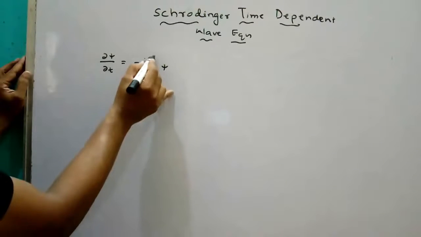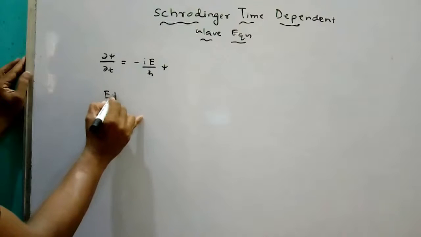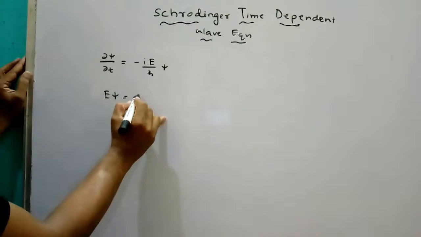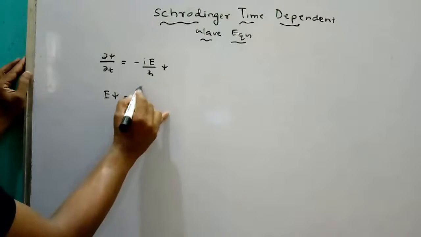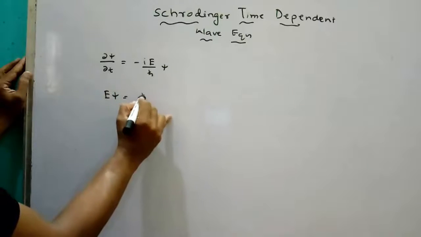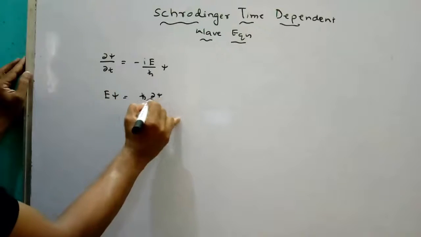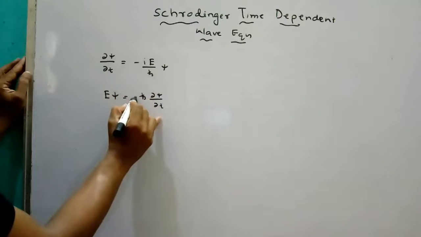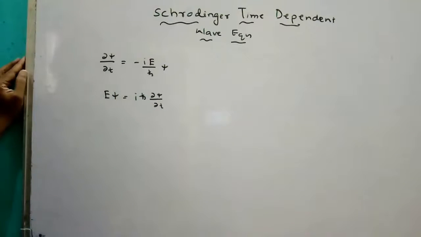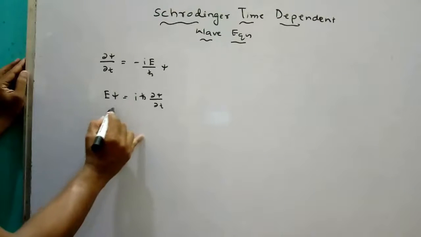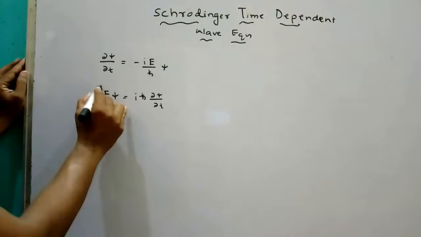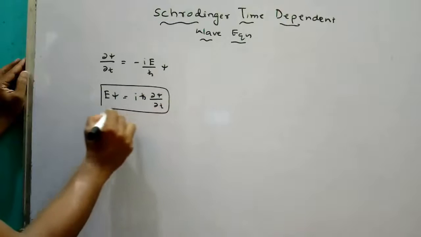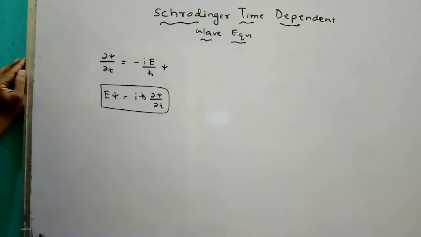So E psi equal to h cut dou psi by dou t. See, minus i, if you change this, plus i we will get. So E psi equal to i h cut dou psi by dou t.